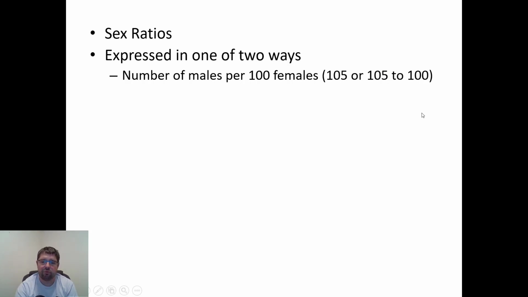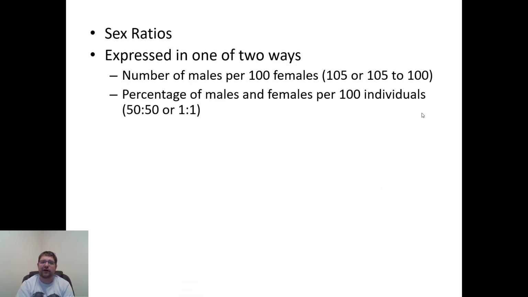Now, more commonly represented is an actual ratio, and from a scientific point of view, this would often be what's presented. If Game and Fish is going to present it, they're often going to present an actual ratio of males to females. If it's even, a 50-50 ratio, that's often not really used. Normally it's broken down to a 1-to-1, or is it 1.5 to 1?